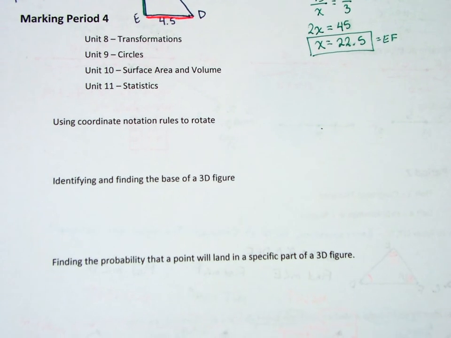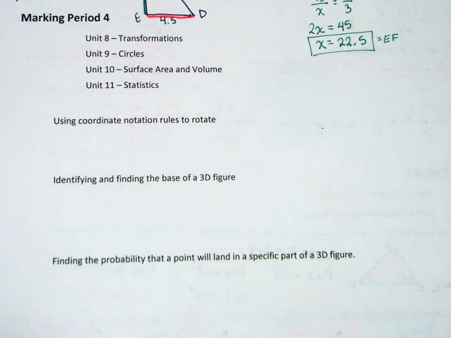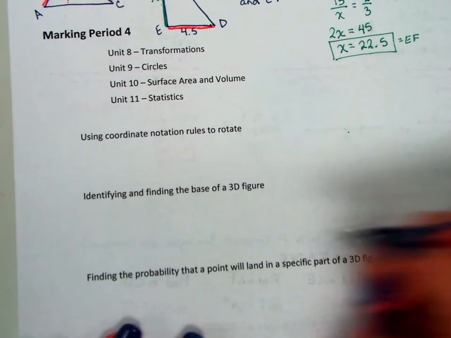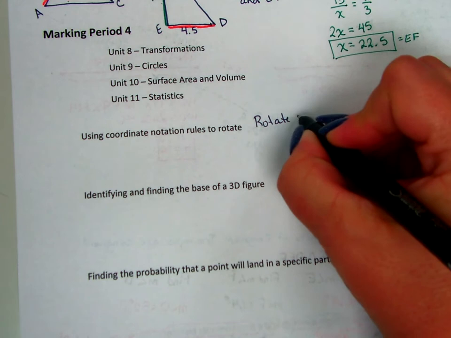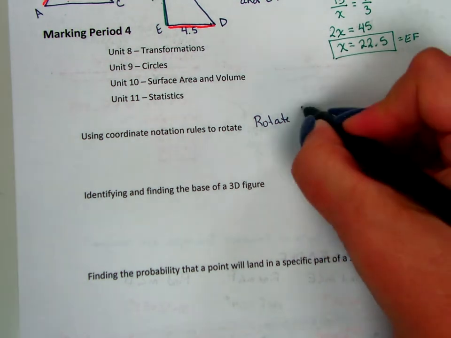Alright, and then we have this last marking period that should be freshest on our mind. Use coordinate notation to rotate. So, that means we're going to be given a point, right? And we're going to have to rotate it either 90, 180, or 270 because those are our only options. So, what I would do is I would write the rules.